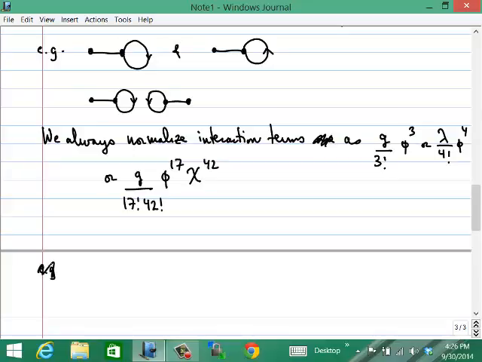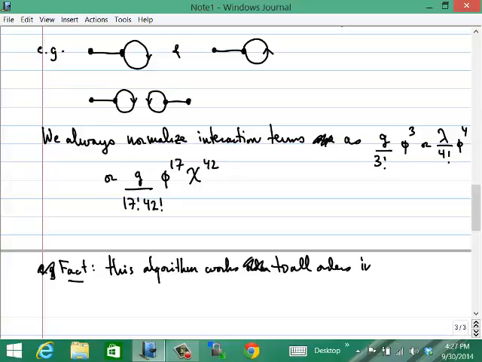So I guess it's now just a fact that I'm going to assert that this algorithm works to all orders in the coupling constant G.